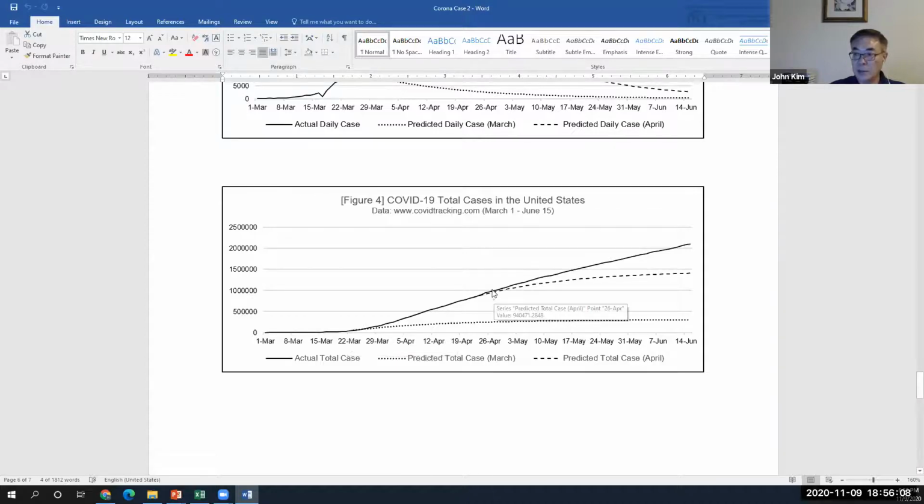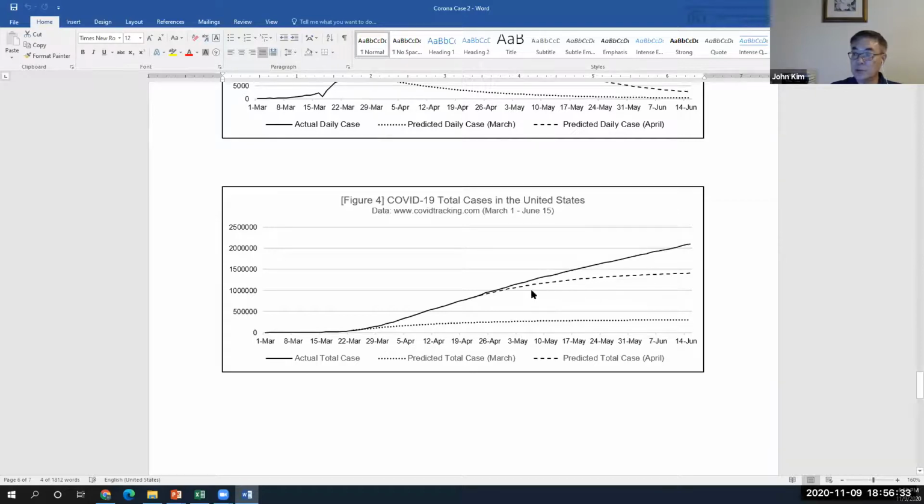And the second one is face mask requirement nationwide if some states, New York, New Jersey, Pennsylvania, Connecticut, and so on, all together, then the total case we predict.